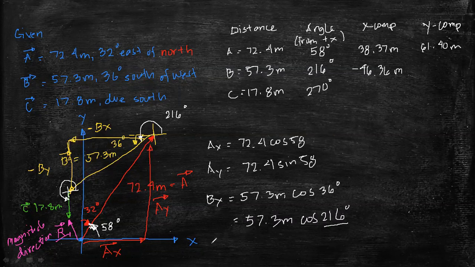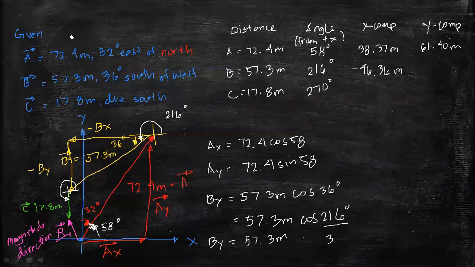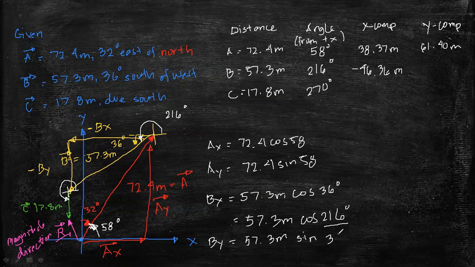For the y component, By, we can solve By in the same way as Bx, either 57.3 meter times cosine 36, not sine, this is sine, since it is opposite with 36 degrees.